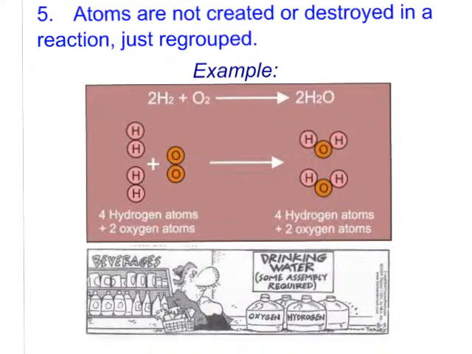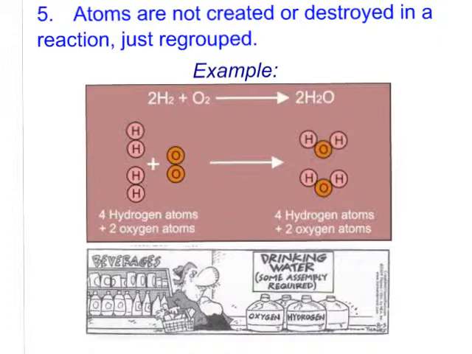If we have two hydrogen molecules, there's two hydrogens there and two hydrogens there in each of those molecules. And we take one oxygen molecule that's diatomic. It has two oxygens bonded together. And we have a chemical reaction taking place and form two water molecules.